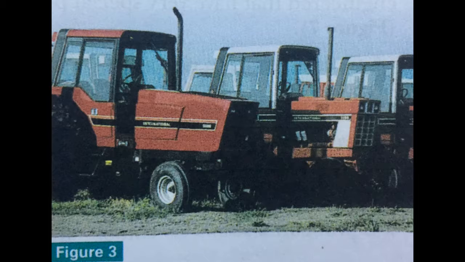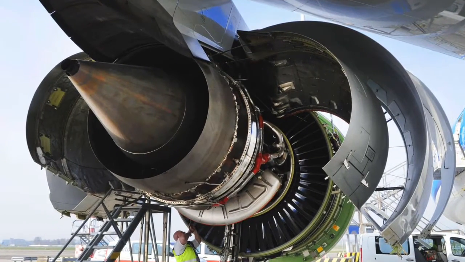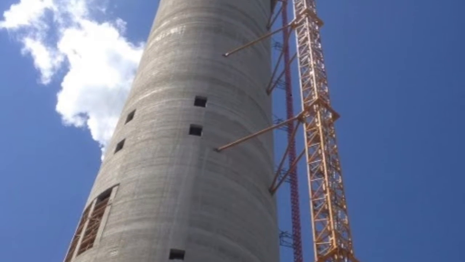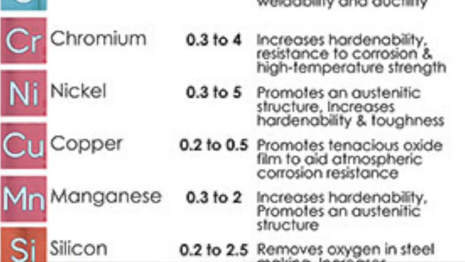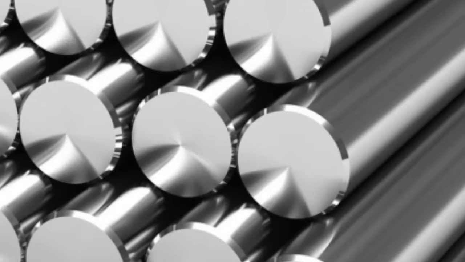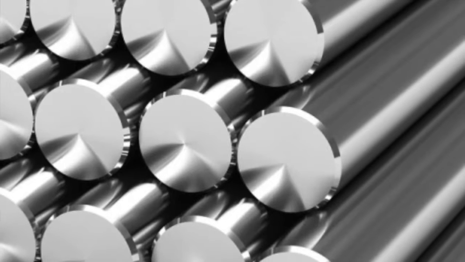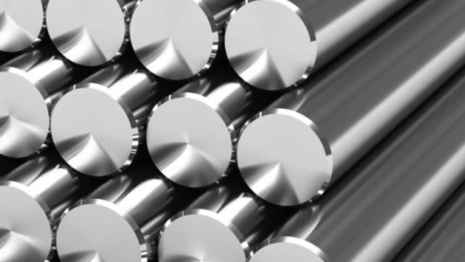Today, superalloys can be specially engineered to be, for example, heat-resistant jet engine parts or corrosion-resistant chimney linings for power plants. Why are alloys rather than elemental metals used for these highly specialized applications?